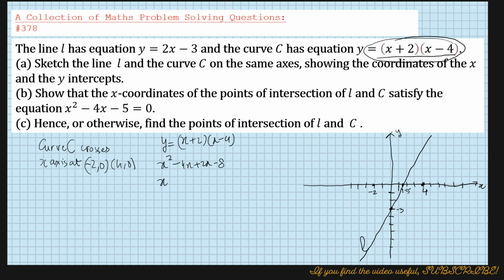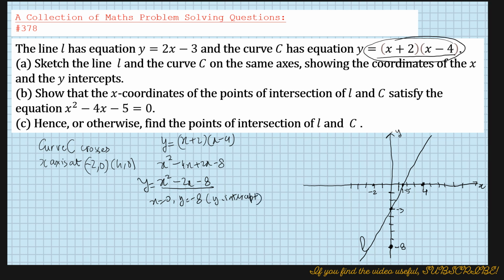That gives x squared minus 2x minus 8. So if x is 0, then y would be minus 8. So the curve cuts the y-axis at minus 8. So 1, 2, 3, 4, 5, 6, 7, 8, that would be minus 8. That's the y-intercept.